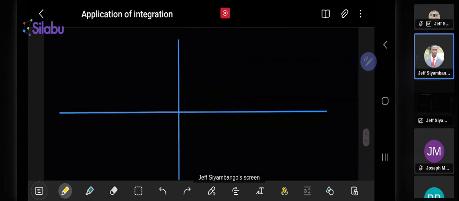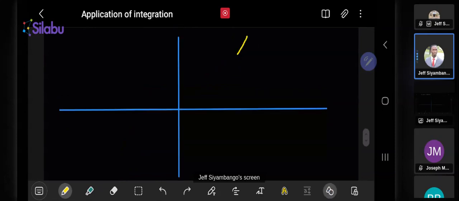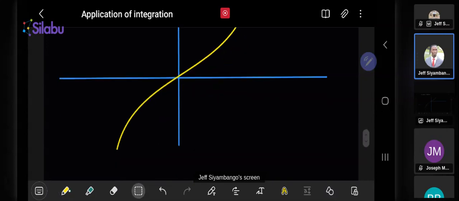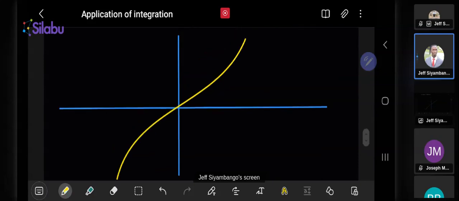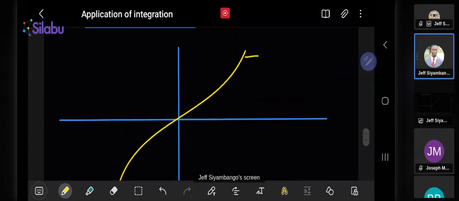So this is the graph of y equals x to the power 3.